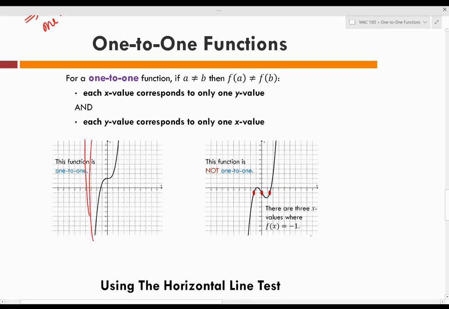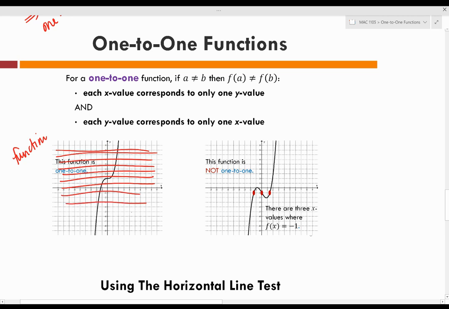If I drew vertical lines on this graph, moving from left to right, we would see that it does pass. So it is a function. Then I could see if it's one-to-one. I would draw horizontal lines across it, and each horizontal line only passes through it in one place. So it is also one-to-one.